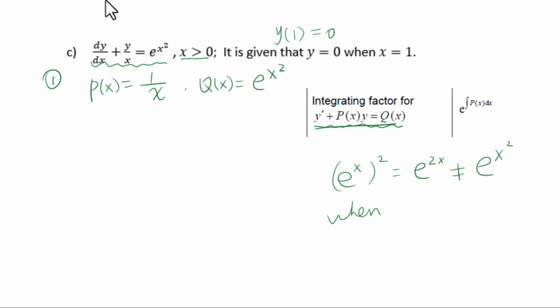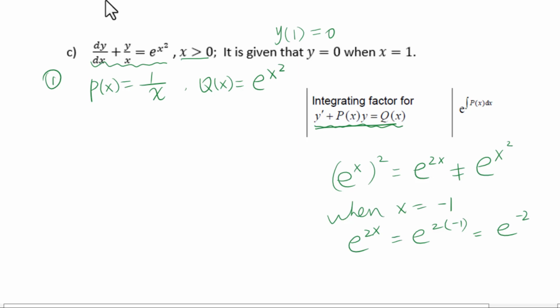Think about when x equals -1. e to the 2x power equals e to the 2 times -1, which equals e to the negative second power. But e to the x squared power equals e to the (-1) squared, which equals e to the first power.